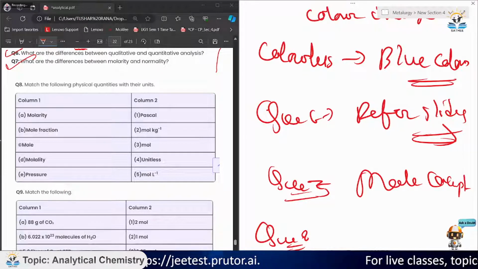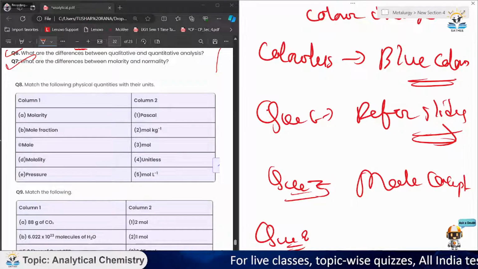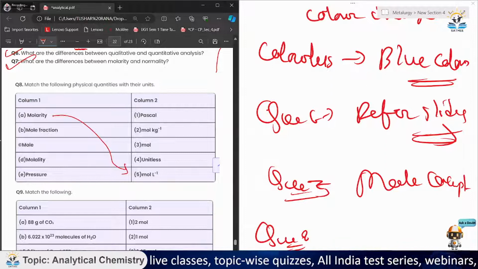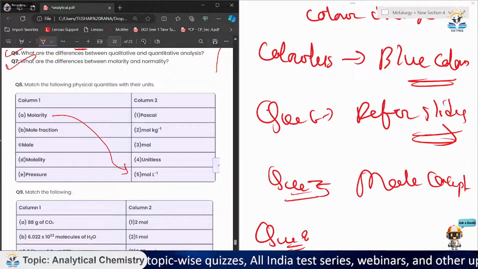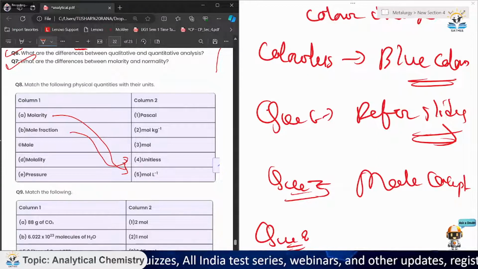All these questions come from there only, but I have added this so that the titration part involves some of these units also. So what about molarity? It is moles per liter. A is fifth. Now, what about mole fraction? It is mole to mole only. So the option is B because it doesn't give any unit.